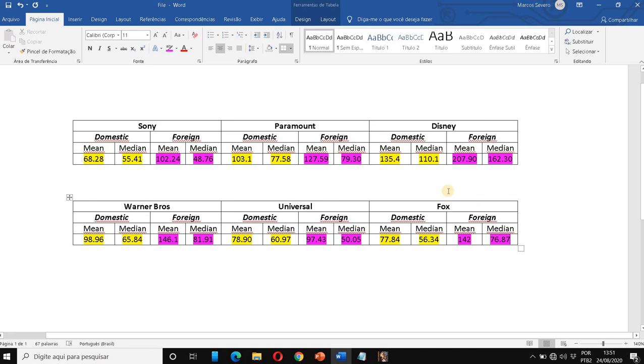It is the only one that is above that, and it is followed by, no, not Fox, but Warner Brothers is the second one, 1,046,000, and then Fox. And then others like Paramount, etc. So Disney leads the U.S. market and also leads the foreign, the external market in terms of gross revenue. So it's the best performance in this market if we analyze only nominal values related to performance.